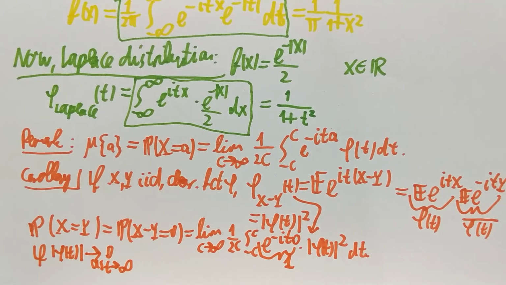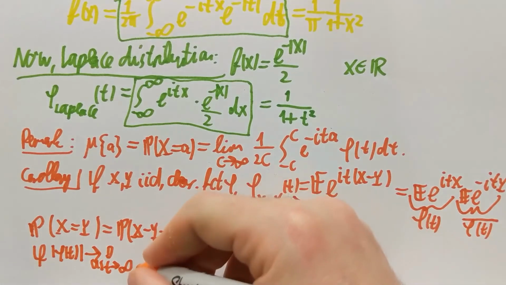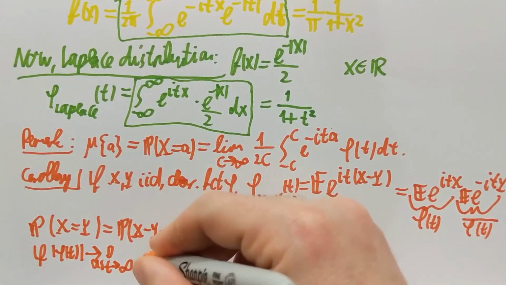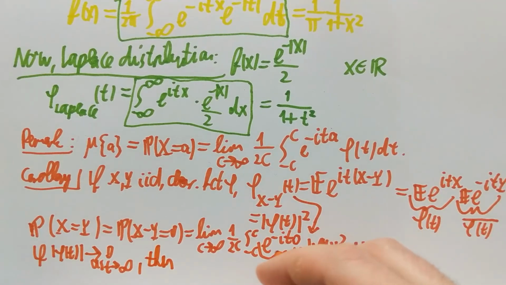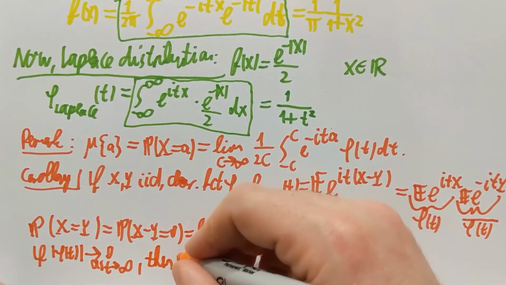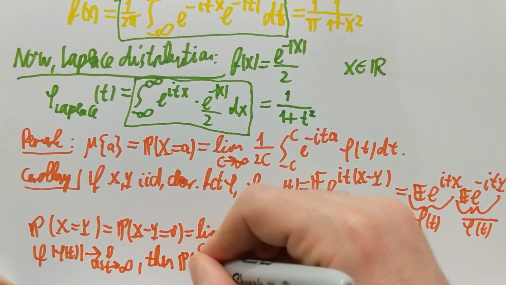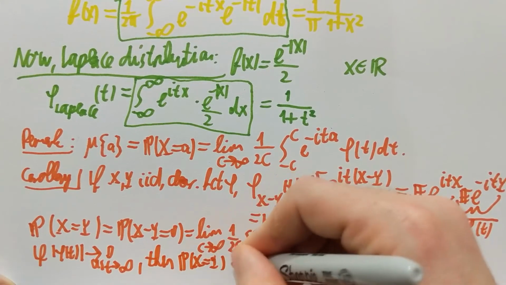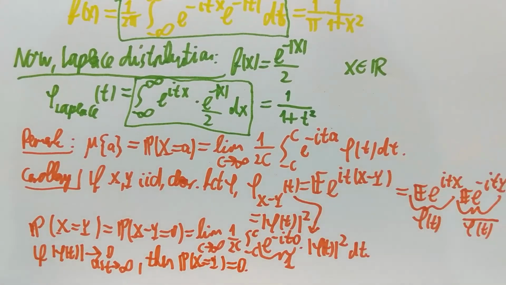That's called the average value of the function. So that's the average value of phi square. If phi of t goes to 0 as t goes to infinity, then its average value will also go to 0. So in the limit, we get a 0. So then the probability that x equals y is equal to 0.